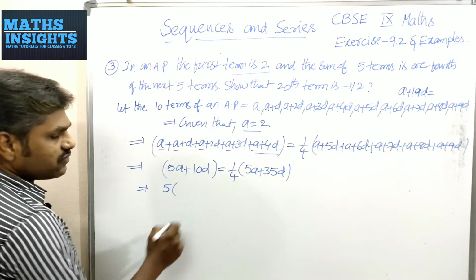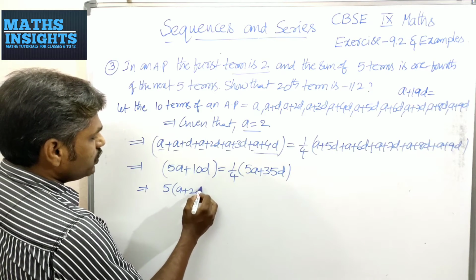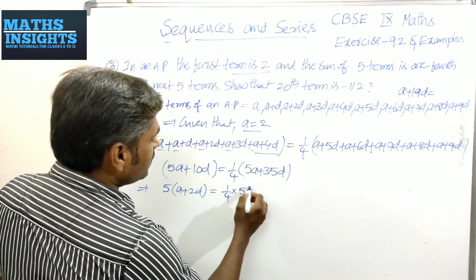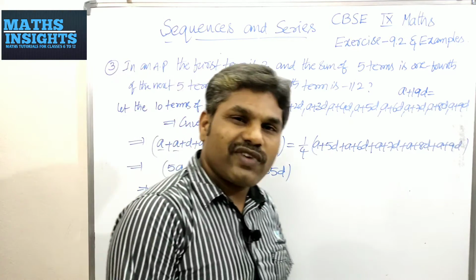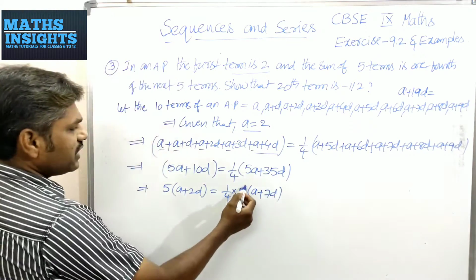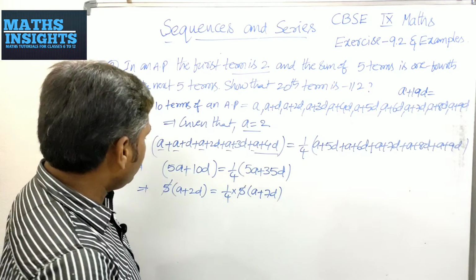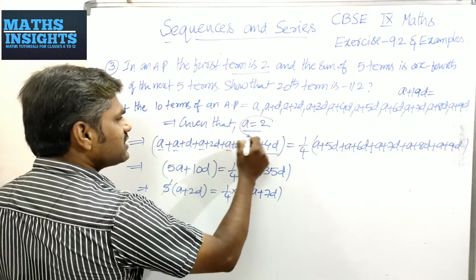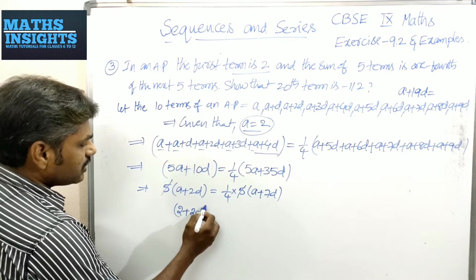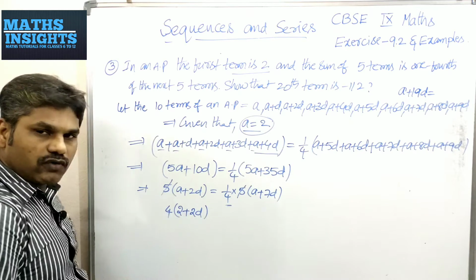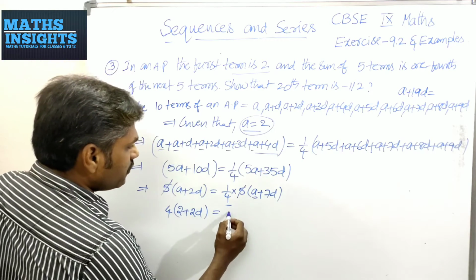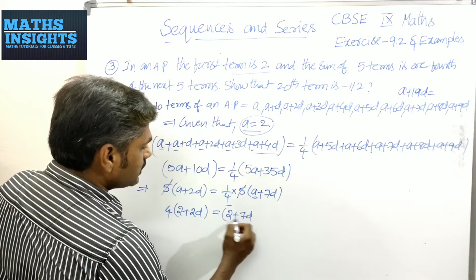You can take 5 as your common factor, so 5 into a plus 2d is equal to 1/4 into, again here you can take 5 as your common factor, so a plus 7d. You can cancel these 5 and 5 on both sides, and if you substitute the first term given, here 2 plus 2d, on cross multiplication it will become 4 into that is equal to, here also I will put a equals 2, therefore 2 plus 7d.